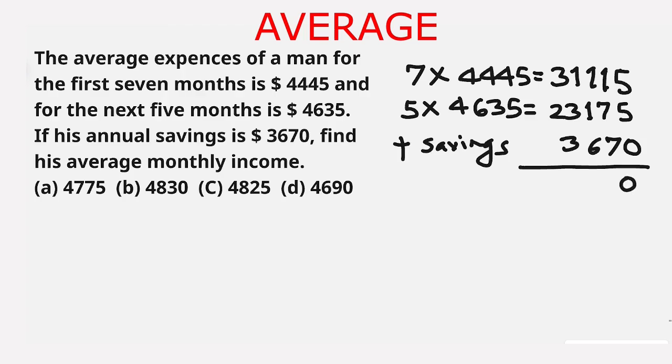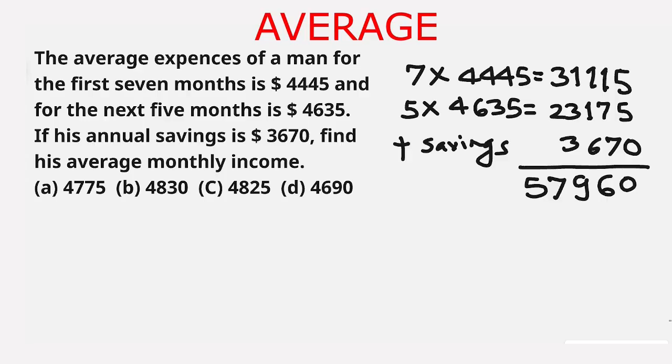We write 0 and carry 1. 1 plus 1 is 2. 2 plus 7 is 9. 9 plus 7 is 16. We write 6 and carry 1. 1 plus 1 is 2. Plus 1 is 3. Plus 6 is 9. 1 plus 3 is 4. Plus 3 is 7. 3 plus 2 is 5. So the total income of the person for the whole year is 57,960.